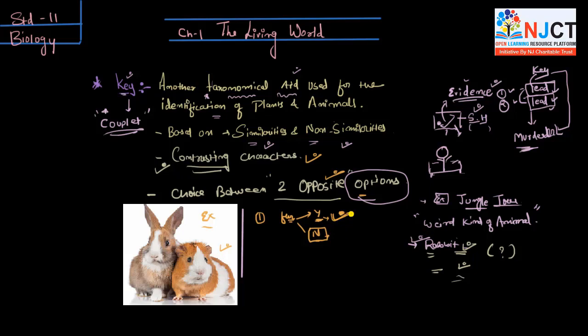And in the acceptance of one, the other option automatically gets rejected. That is very common sense: if yes, they do have fur, then obviously the no here automatically gets rejected.